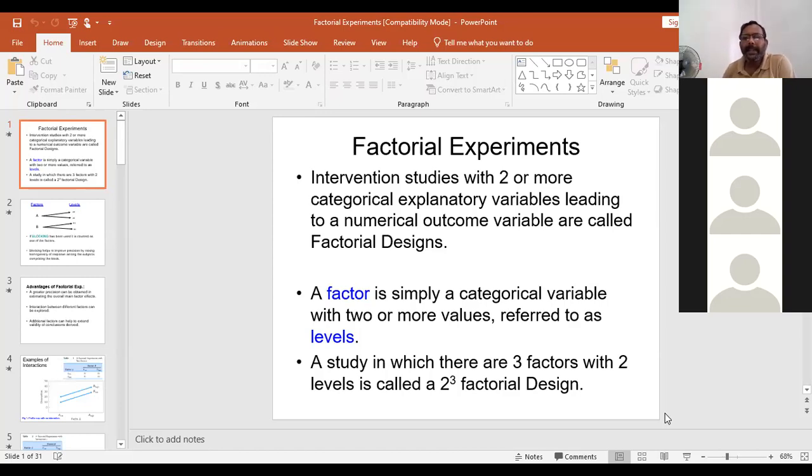I have prepared this slide for the master program, Master of Statistics, so I cannot give all the information to you because it is too much. Whenever necessary, I will just give you the real stuff. Let's talk about what this factorial experiment is.